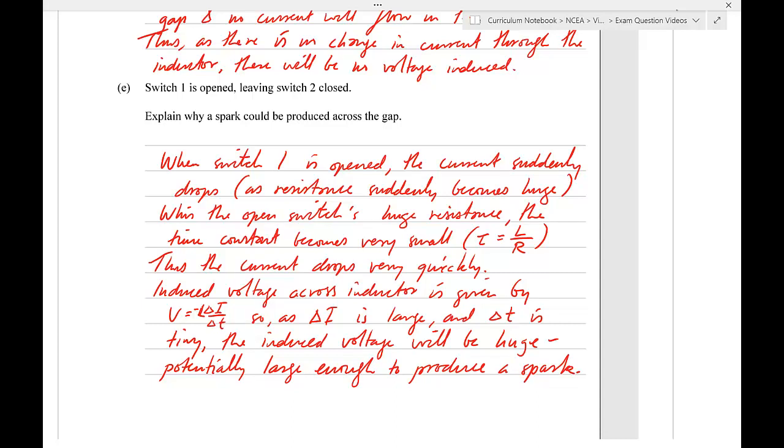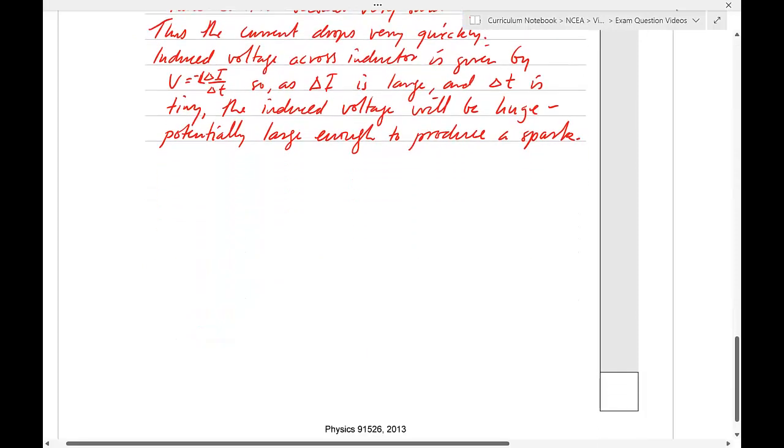Thus the current will drop very quickly. The induced voltage across the inductor is given by negative L times the rate of change of current. Because delta I is quite big and delta T is really, really small, the induced voltage will be huge, and that might be large enough to produce a spark across the gap. Cool. So I feel like we fully answered that question.